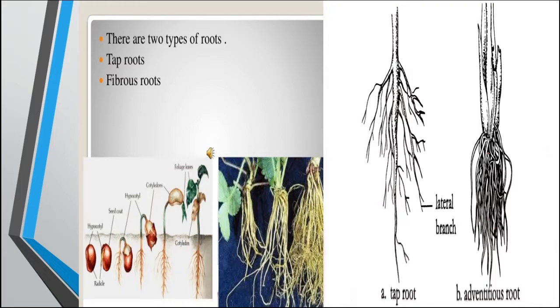But in the fibrous root, all the roots are arising from one place. Here is the diagram of the fibrous root. From one place only, a bunch of roots is arising. They are not like primary, secondary and tertiary, and they arise from the base of the plant.